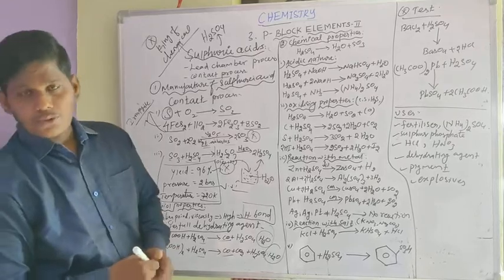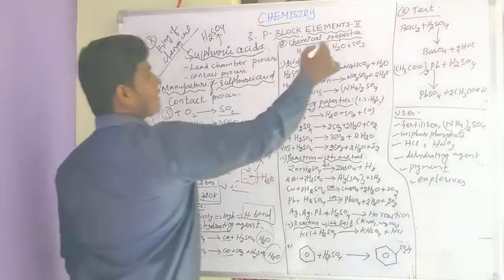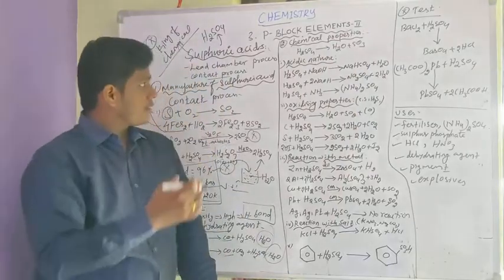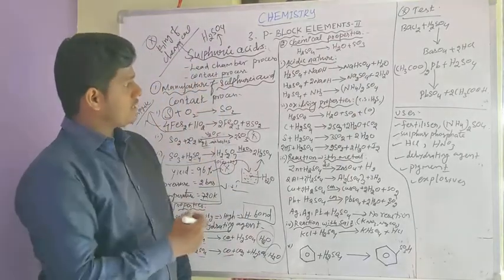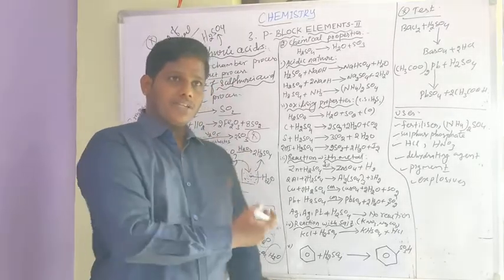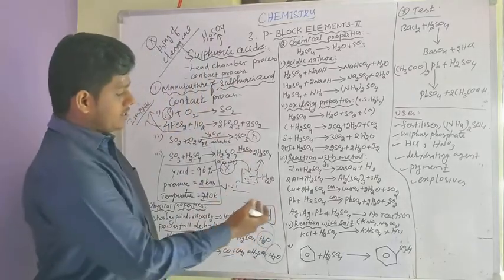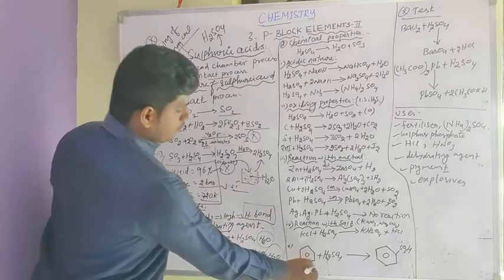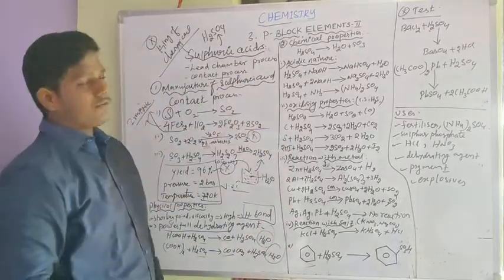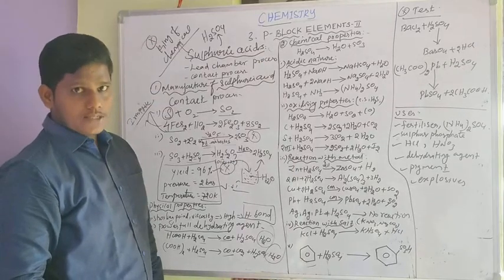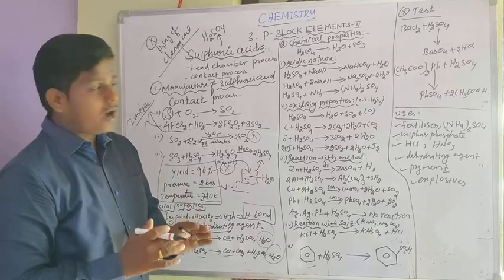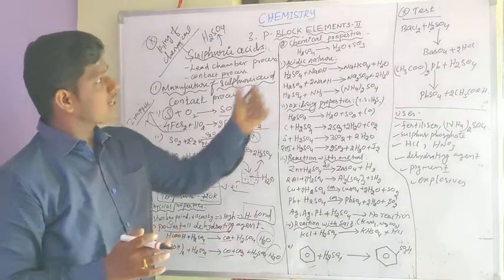Okay, now we discuss the chemical properties: acidic nature, oxidizing property, reaction with metals, reaction with non-metals, reaction with salts, and reactions with organic compounds. These are the steps we have discussed. First, sulfuric acid when decomposed forms a water molecule and sulfur trioxide.